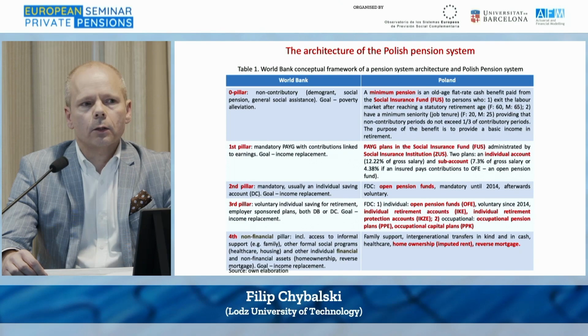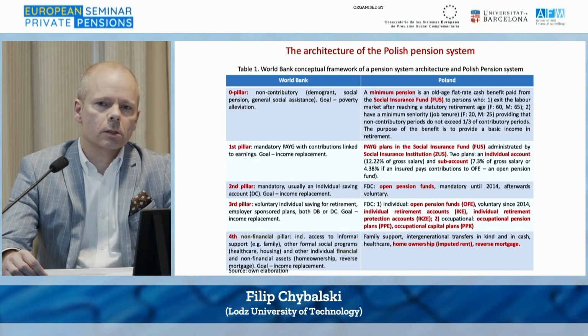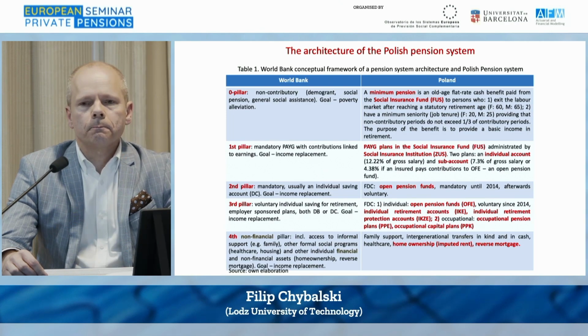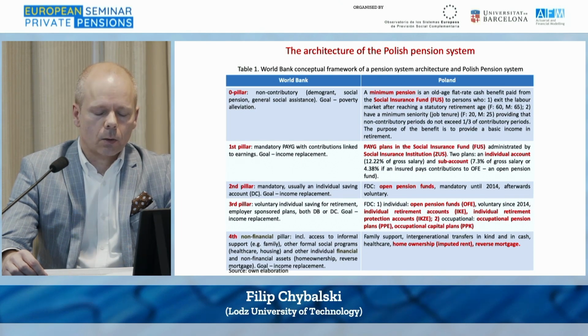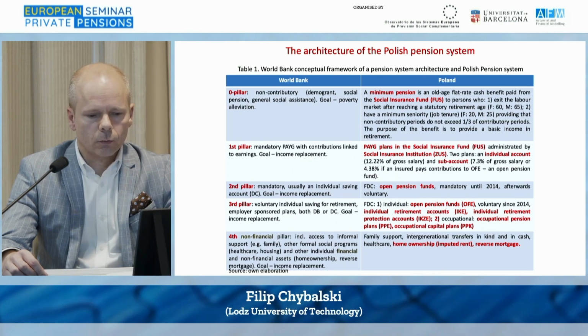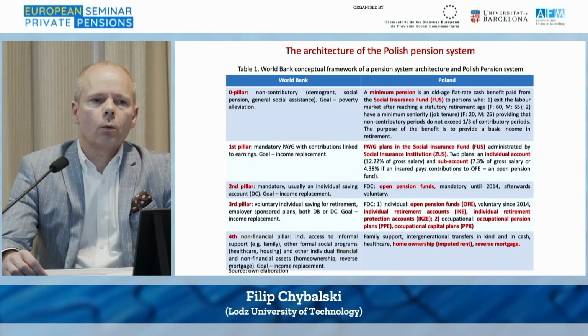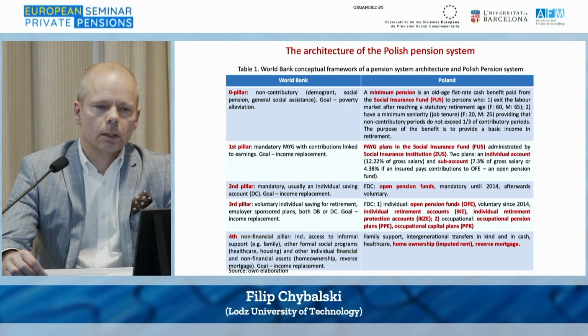And that's one of the most important problems in the Polish pension system, because the number of people who are permitted to get minimum pension on the one side will increase. However, on the other side, the number of people who will not be able to get minimum pension will also probably increase.